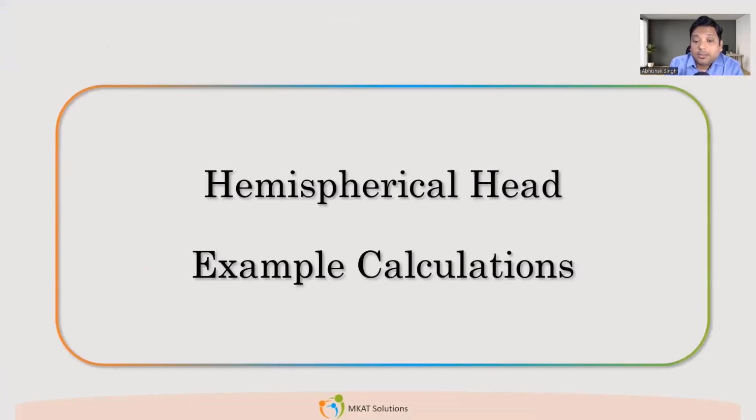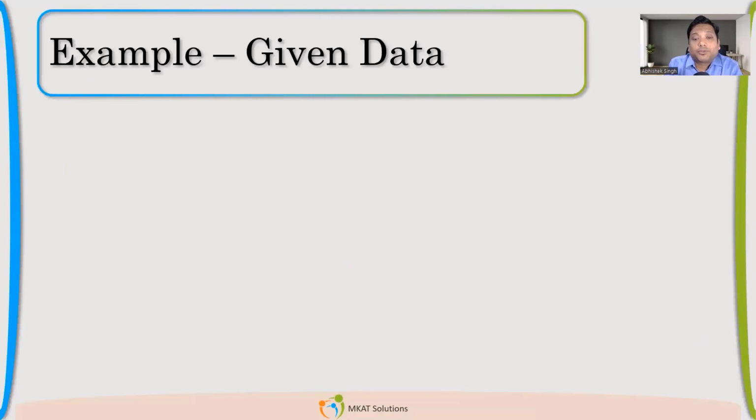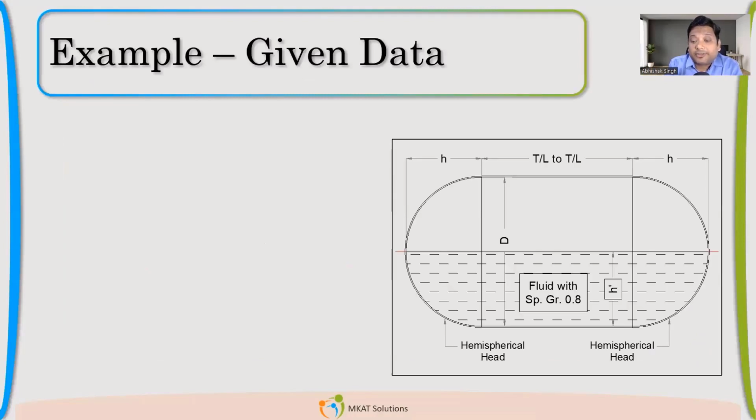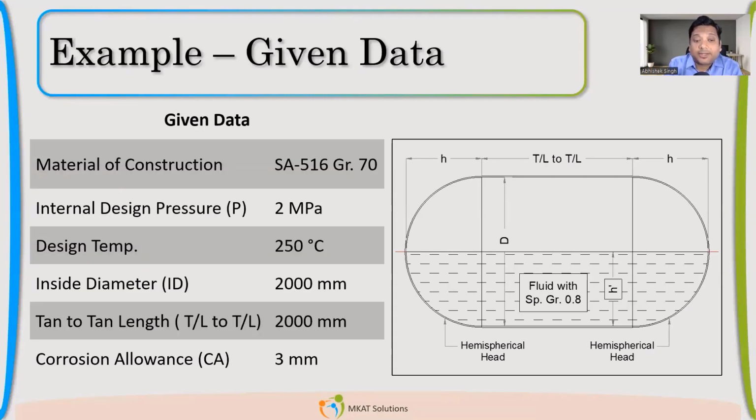Now let us do a quick calculation for a typical hemispherical head, so that you will be clear with the calculation also. If any doubt is there, we can solve it. Material of construction SA 516 Grade 70. Internal design pressure 2 MPa. Temperature 250.